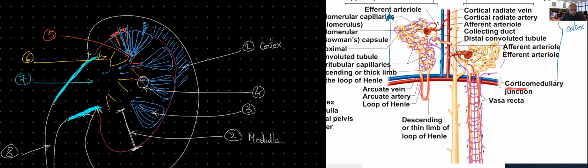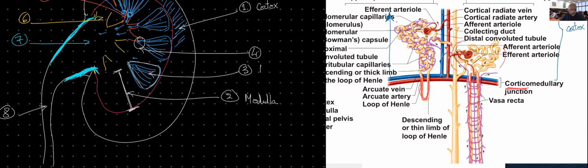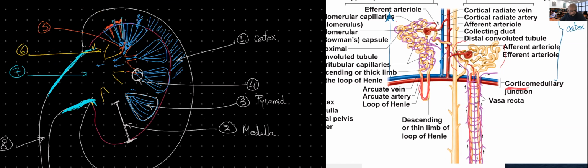And how about this triangular shaped structure on here? Number 3, renal pyramid. And how about the tip of the pyramid? That serves as a connection between the pyramid and the minor calyx.